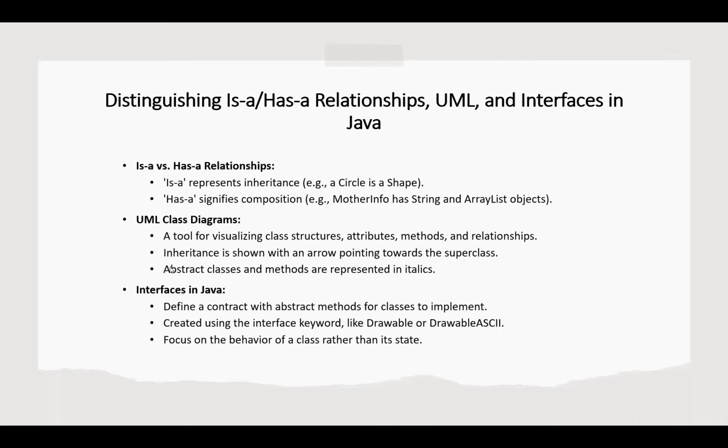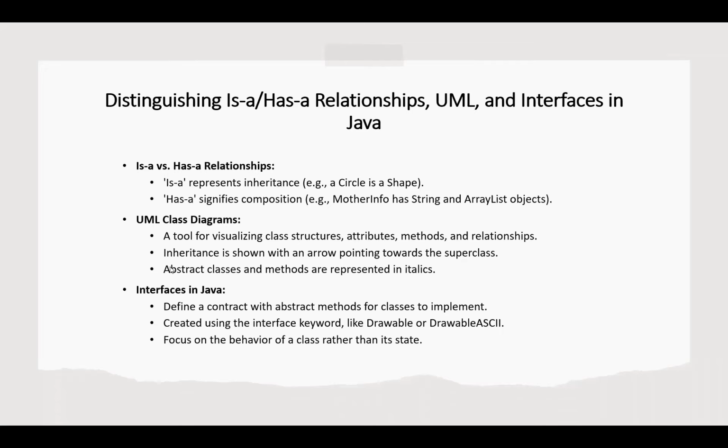In UML, inheritance is represented by an arrow with a solid line and an unfilled arrowhead pointing towards the superclass. Abstract classes and methods are denoted in italics. These diagrams are a standard way to explain the design of the program, making it easier to understand and communicate the structure.